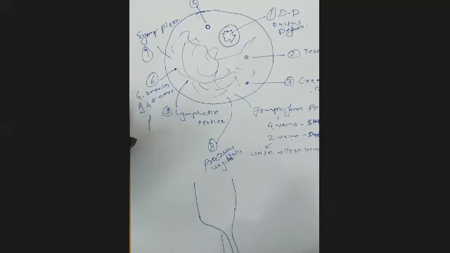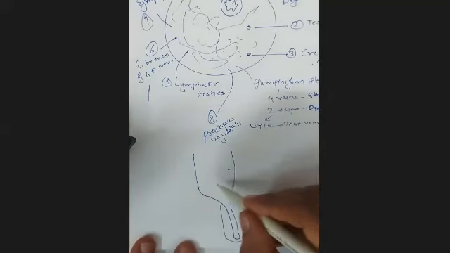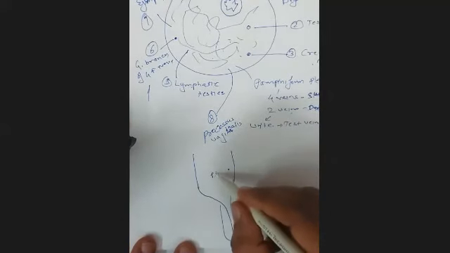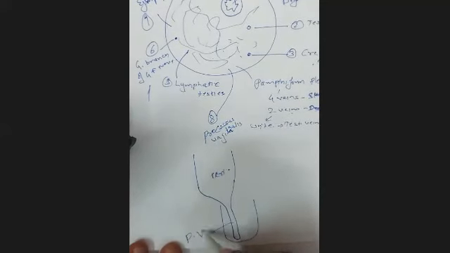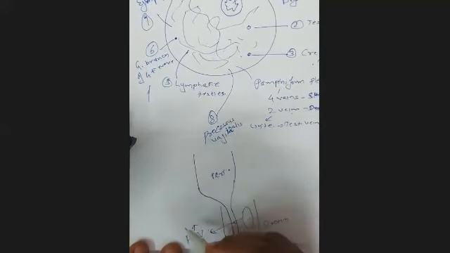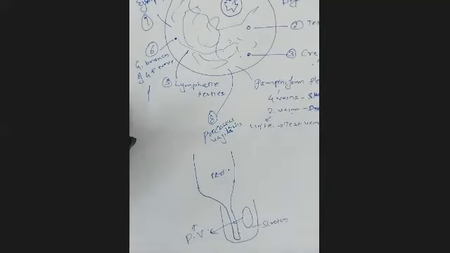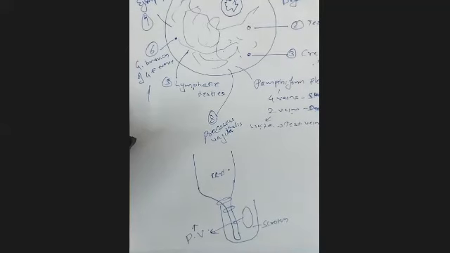So this is the scrotum, this is the abdomen, and this peritoneum extends into the scrotum as processus vaginalis. And the testis is here. The testis invaginates it, and this processus vaginalis will form the tunica vaginalis. As it is coming, it is passing through the deep ring and the superficial ring.